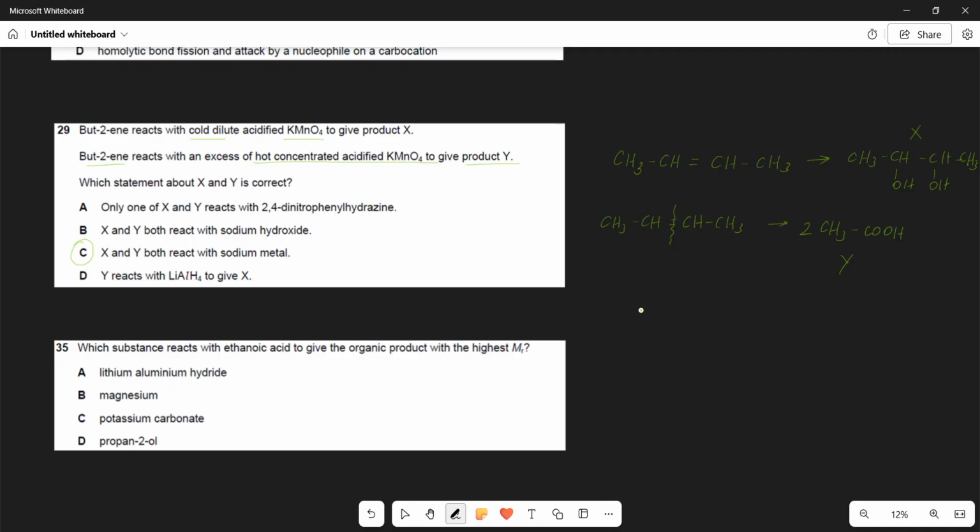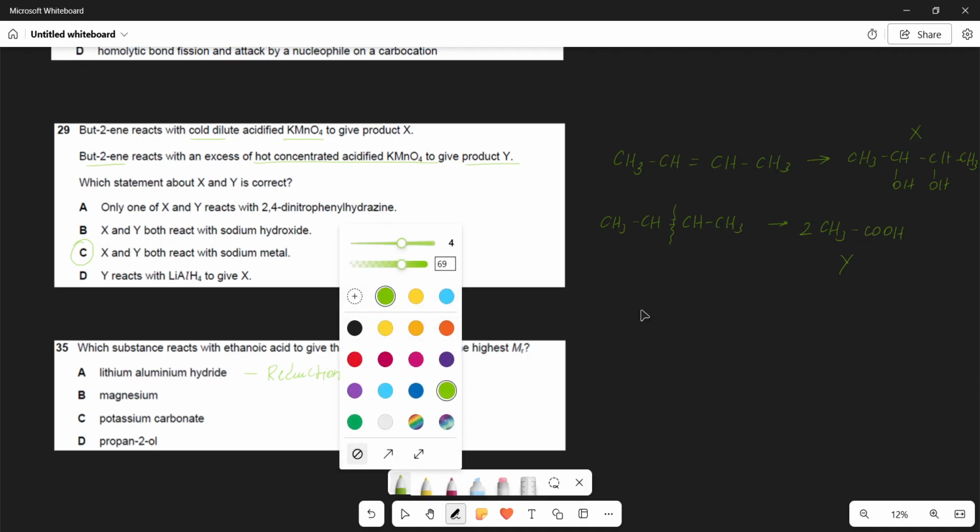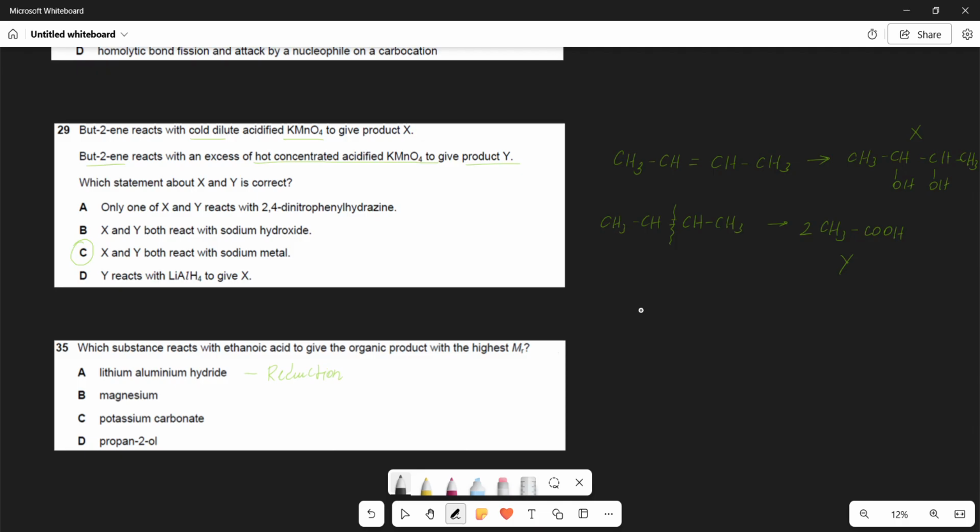Which substance reacts with ethanoic acid to give the organic product with the highest molecular mass? Lithium aluminum hydride, you will be talking about reduction. When it is reduction, you will have a product of alcohol, CH3CH2OH. If you consider the molecular mass, 24 plus 6 is 30, plus 16 is 46.